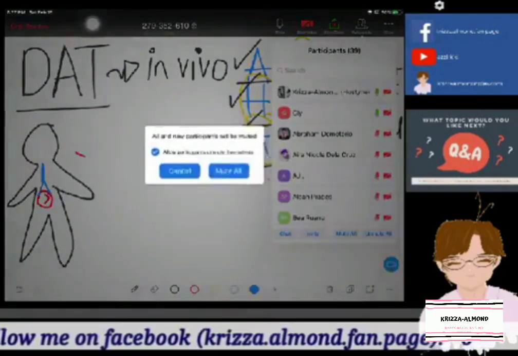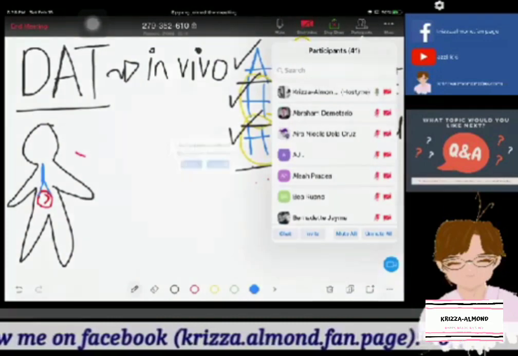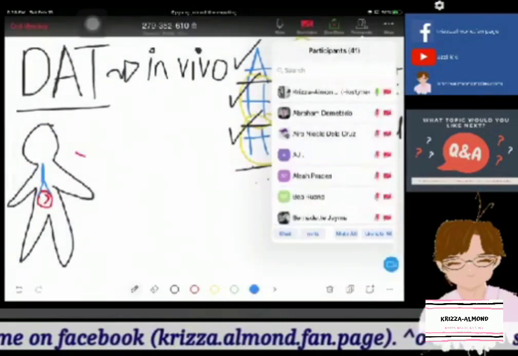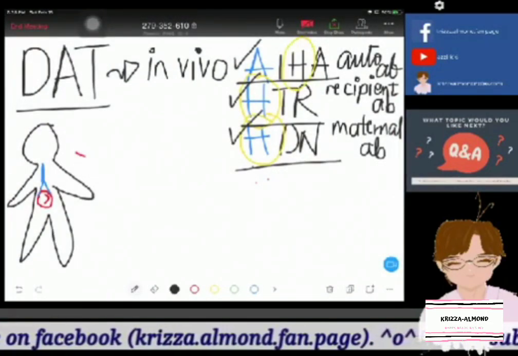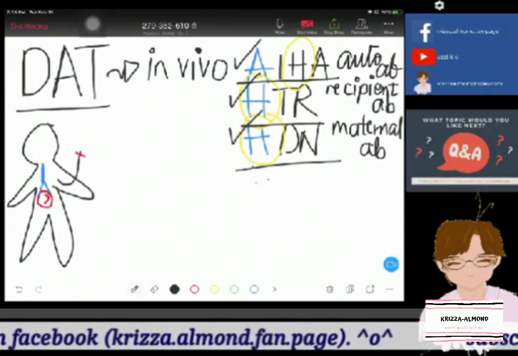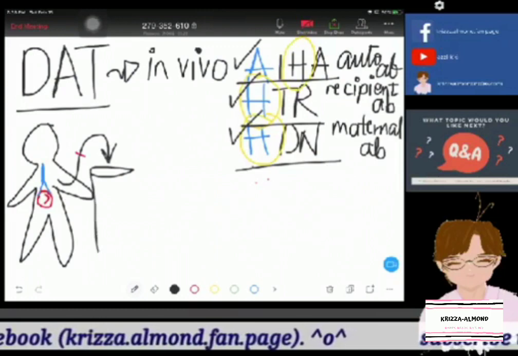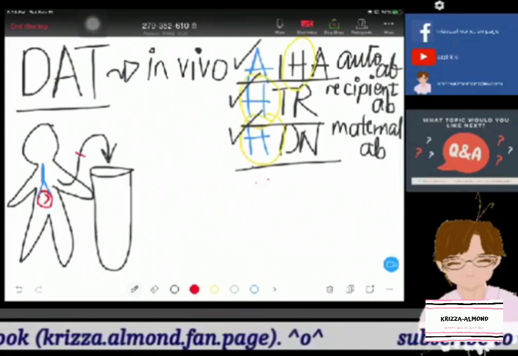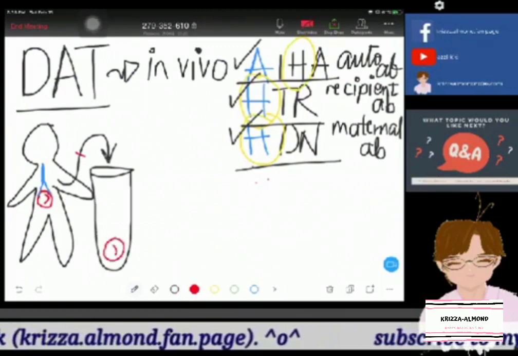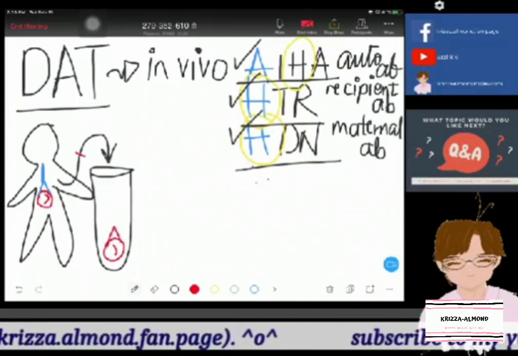Okay? Alright. So, if we are collecting the blood from this patient, kolektahan po natin siya ng blood kasi kailangan natin ng specimen. Ang makukuha natin doon sa kanyang dugo is already a red blood cell with bound antibody. Right?